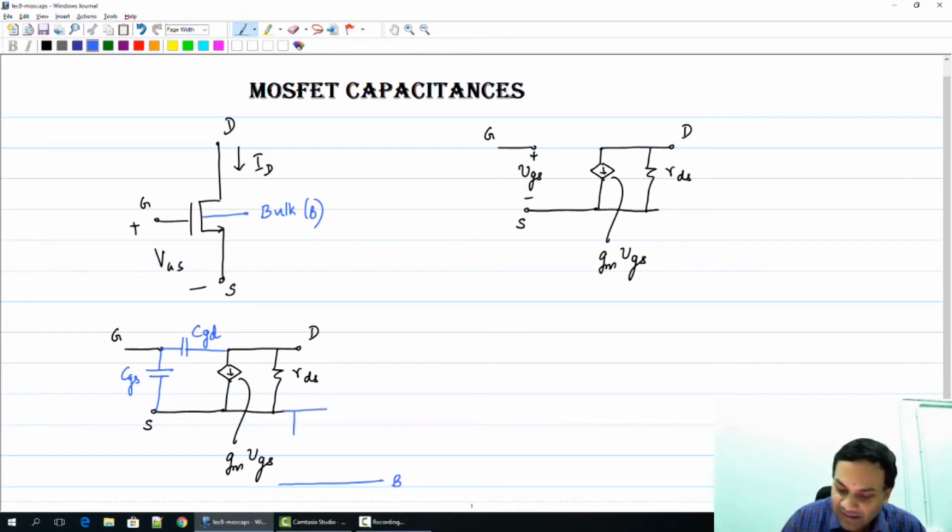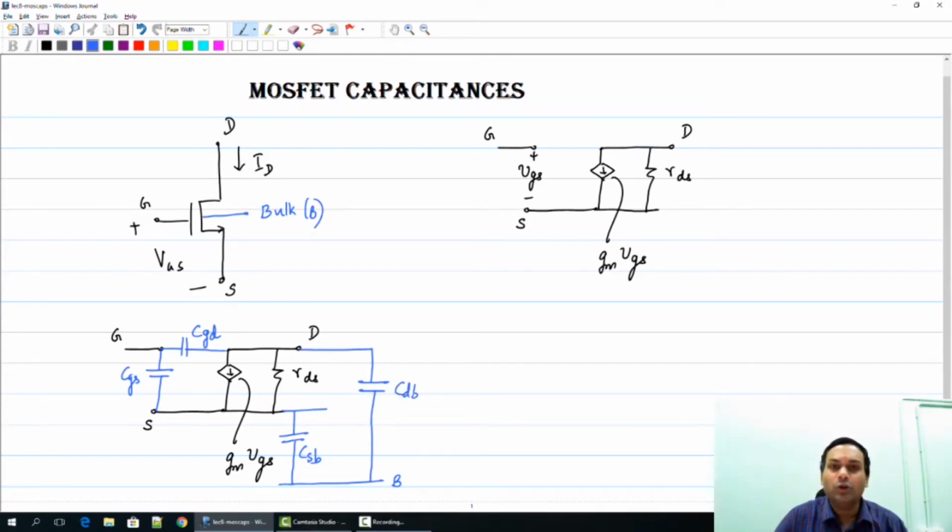So there is a source bulk capacitance CSB, and there is a drain bulk capacitance CDB. As you can see, due to these capacitances, the MOSFET will not respond instantaneously to any applied gate source voltage. There will be certain delays associated with the device.